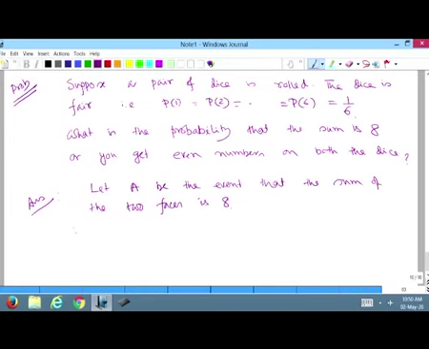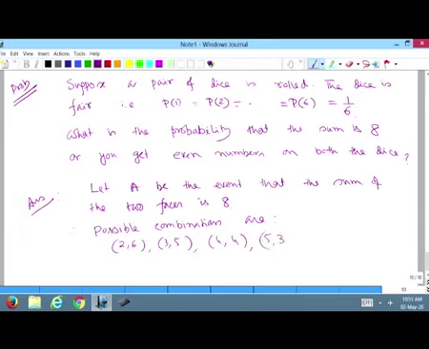Therefore, possible combinations are 2, 6, 3, 5, 4, 4, 5, 3 and 6, 2, that is 5.